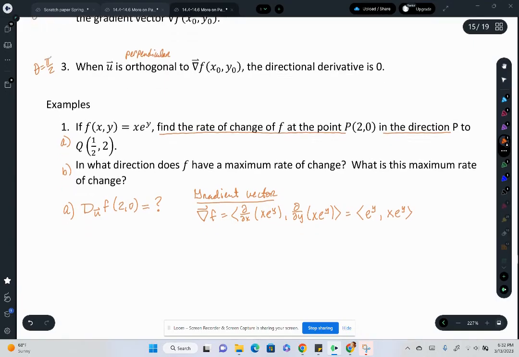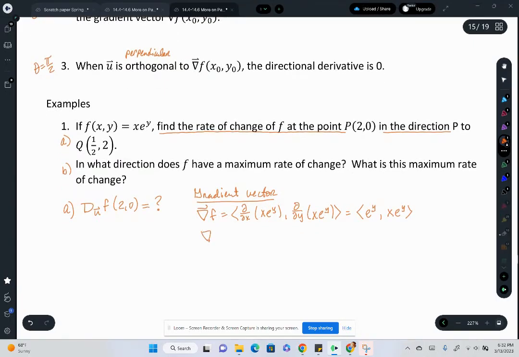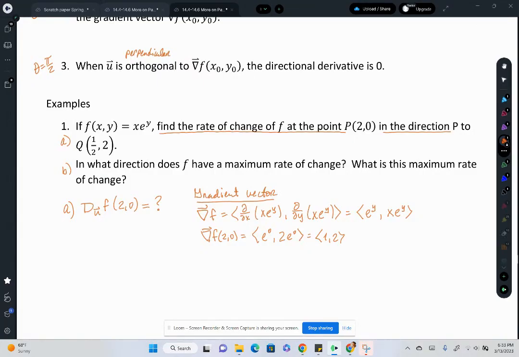Okay, now we need that gradient vector evaluated at the point (2, 0). And so that means we're going to plug in everywhere there's an x, we'll put in 2, and everywhere there's a y, we'll put in 0. This gives us e to the 0, 2e to the 0, which simplifies to be (1, 2). So that's our gradient vector at the point.